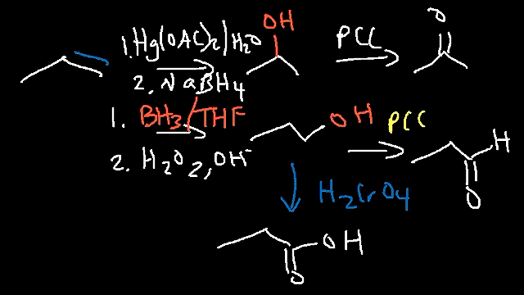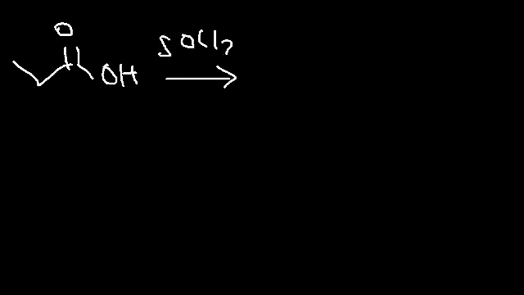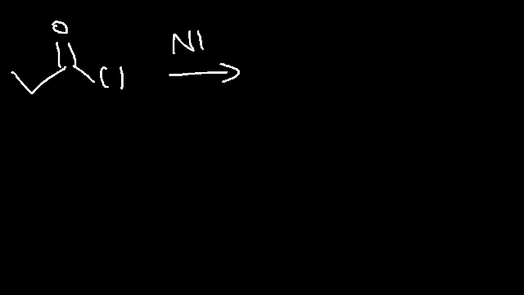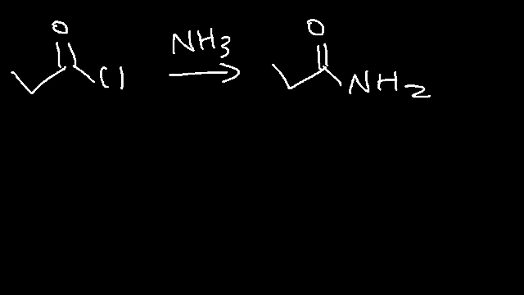Now, once you have the carboxylic acid, you can do a lot of things. So starting from the carboxylic acid, you can add SOCl2 and convert it into an acid chloride. And once you have the acid chloride, you can react it with, let's say, ammonia, and that's going to turn into an amide, with HCl being a byproduct.